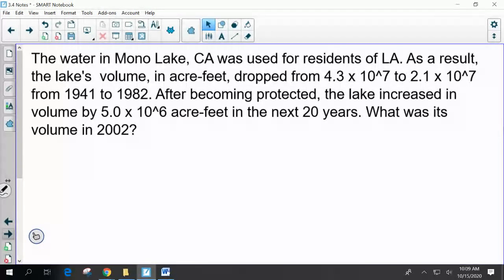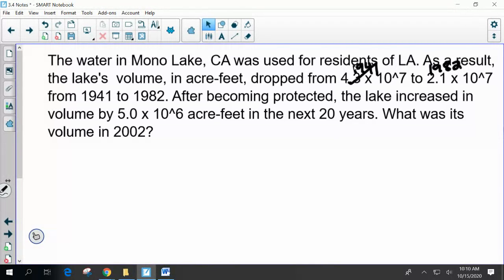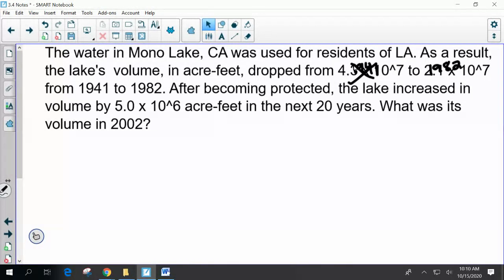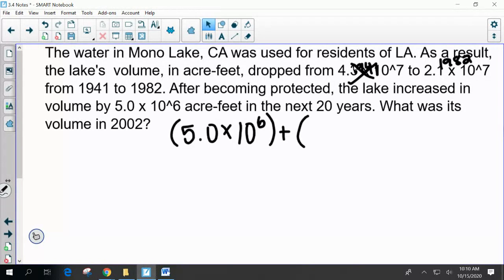Okay, so this would be 1941. This would be 1982. Is the 1941 number even relevant to answer the question? That's not even needed. So I need to take my value in 1982 and add it to the volume that it increased by: 5.0 times 10 to the 6th plus 2.1 times 10 to the 7th.